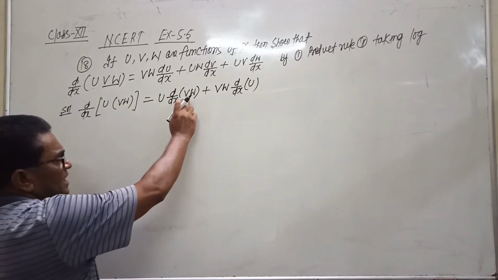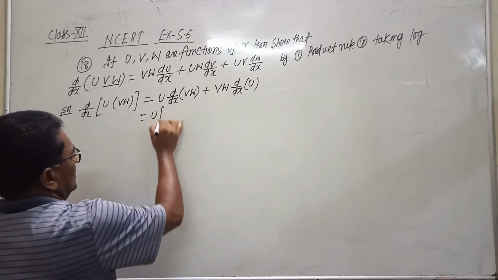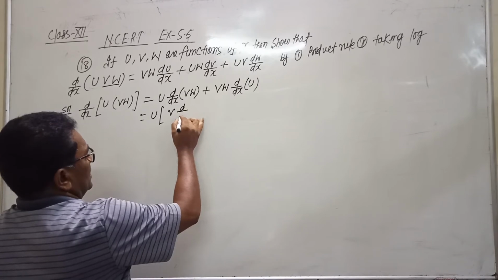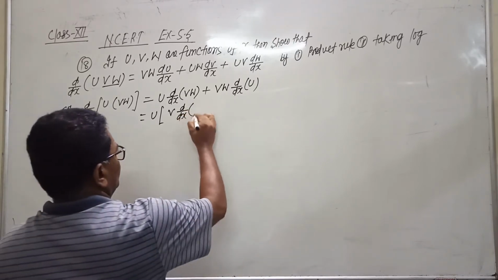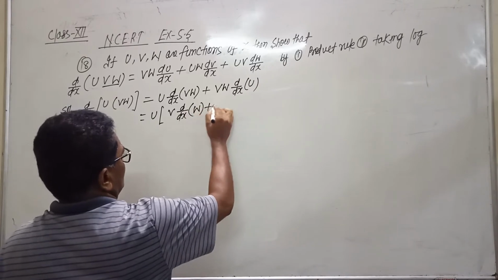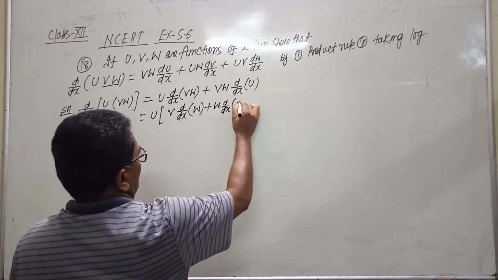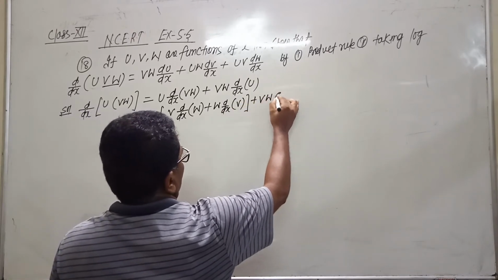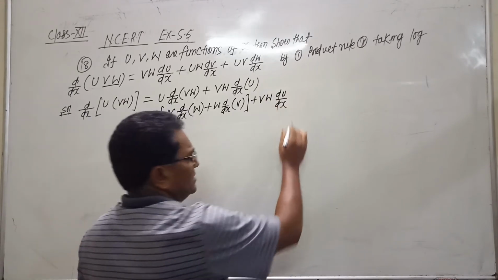And in this we will again use the product rule. So u into, using the product rule, v into d by dx of w plus w into d by dx of v, and plus vw into d by dx of u, means du by dx.